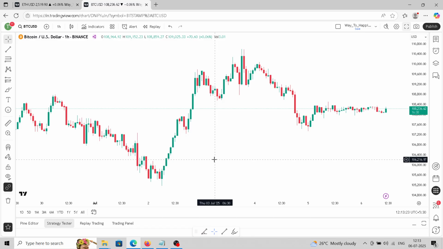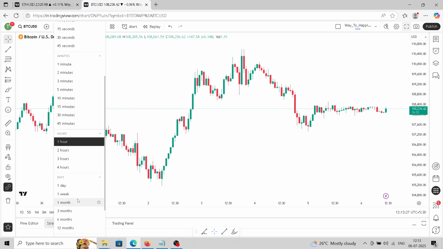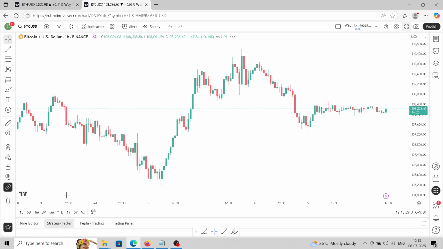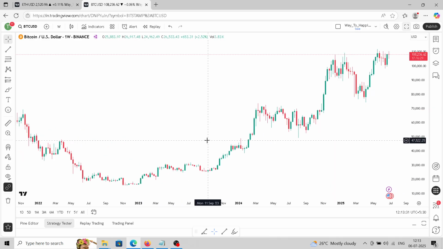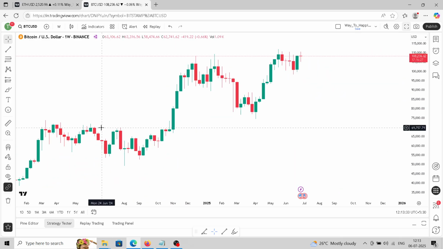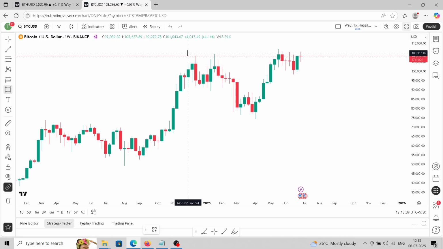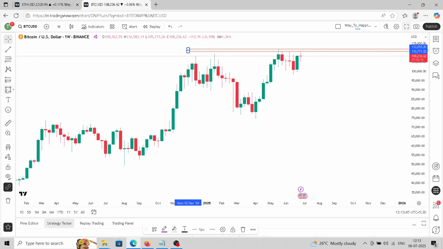So to start with, we will start with the weekly analysis of BTC, what BTC can do in this week. This is the weekly chart. Without saying anything, we are clearly seeing that the resistance and the support have already been marked very clearly in the chart.